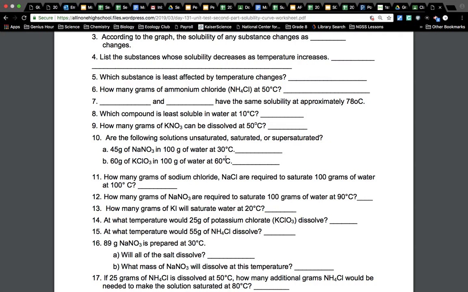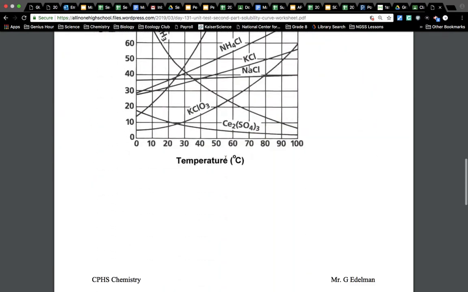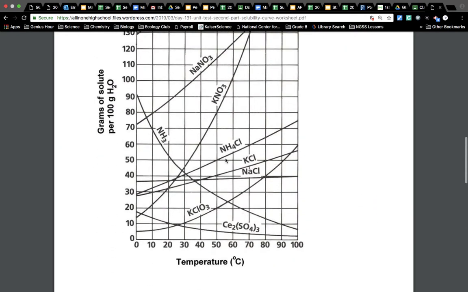So we've got sodium nitrate, 30 degrees Celsius. So 30 is down here, and it's saying we had 45 grams of it. So it looks like at 30 degrees Celsius, it should hold about 96 grams.